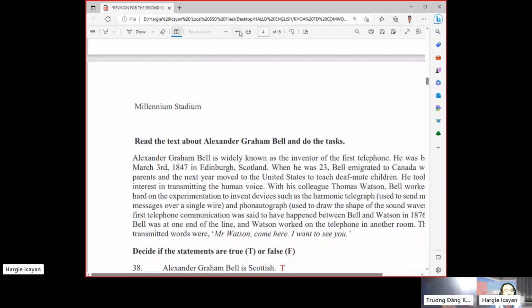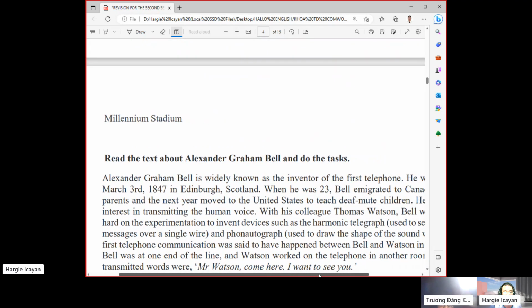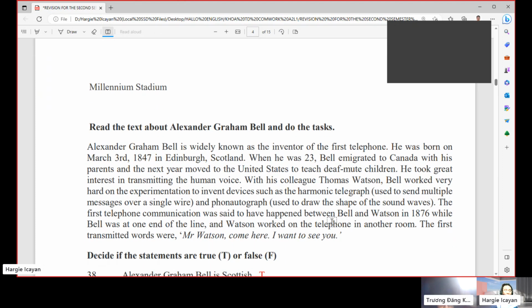Okay, just for a moment. Can you see it clearly? Okay, for 2 minutes. Alexander Graham Bell is written now as the inventor of the first telephone.